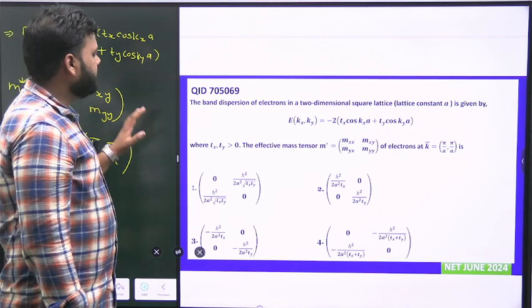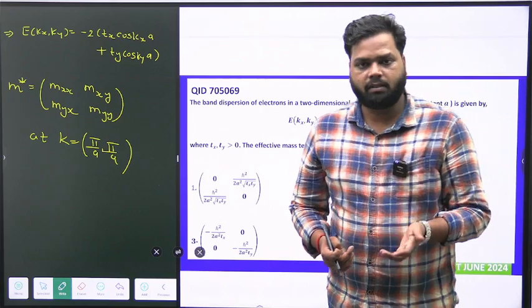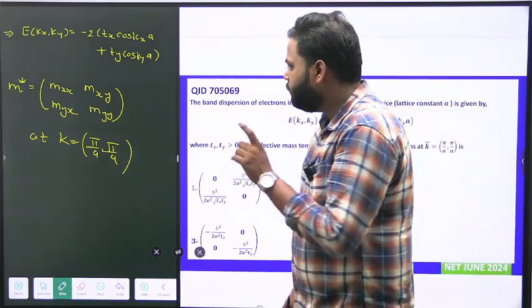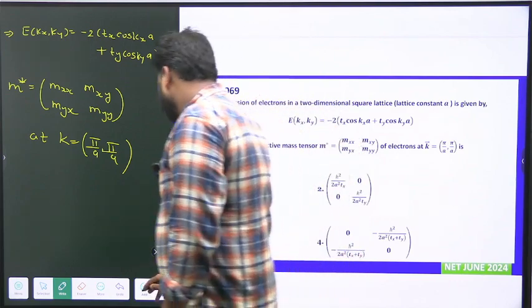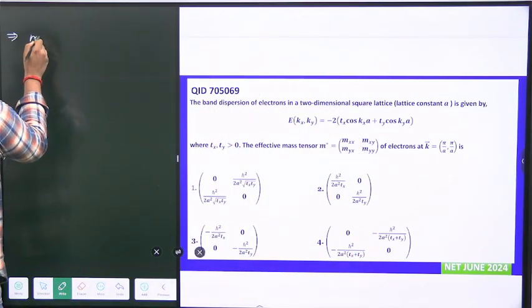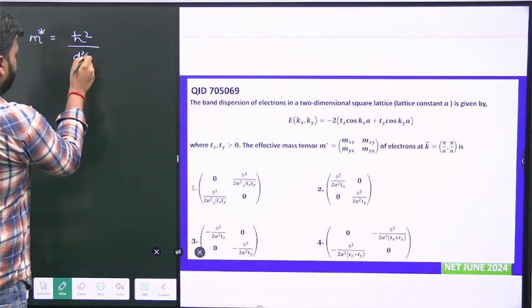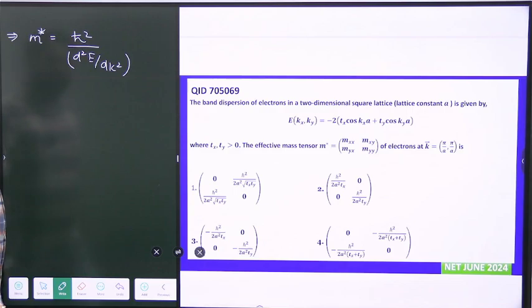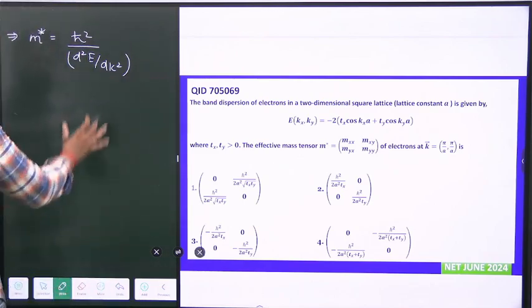For this, we should first know the expression of the effective mass, and how we can deal with the effective mass tensor concept. We have done this in the class, it's quite an easy thing. The effective mass is defined as h cut squared divided by the double derivative of energy with respect to the wave vector, d2E by dk squared.